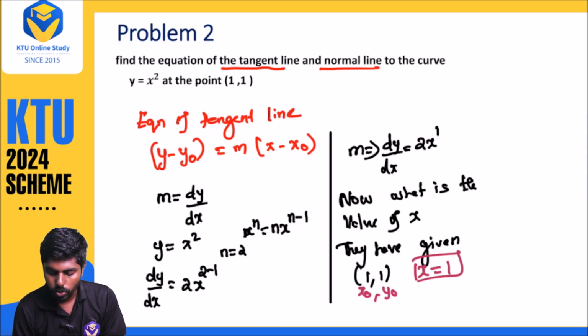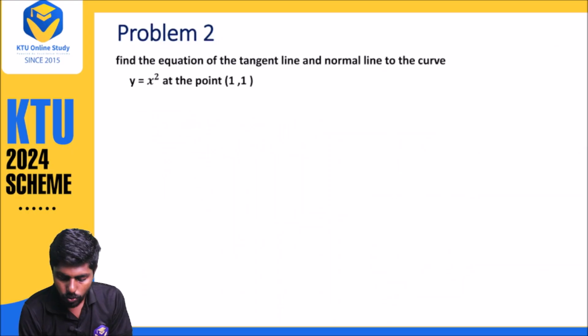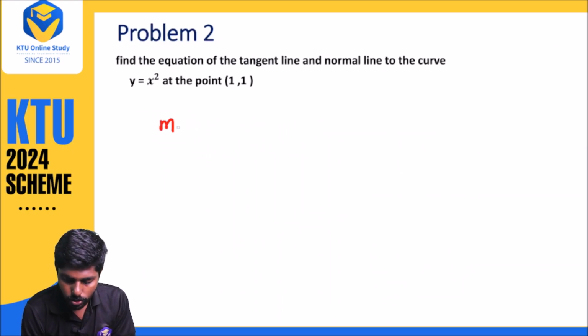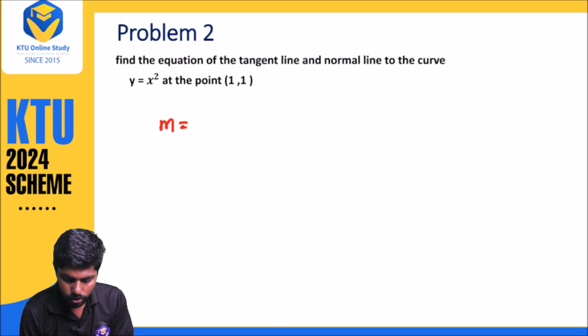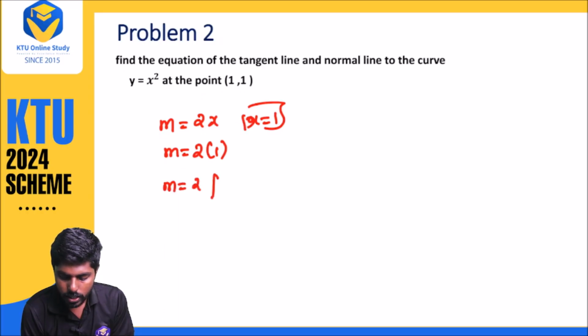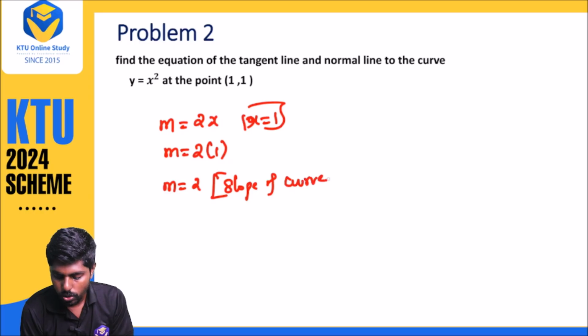When x is equal to 1, what will happen to m? m is equal to 2x, so m equal to 2 into 1. So our m equals 2. That is, m is nothing but the slope of the curve.